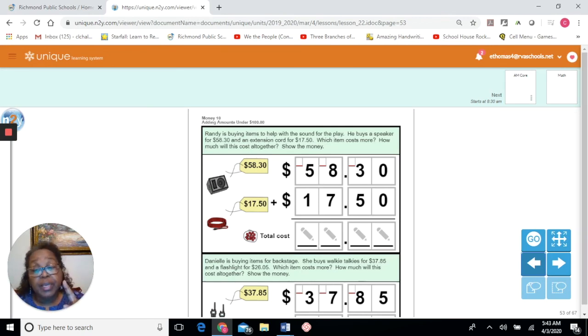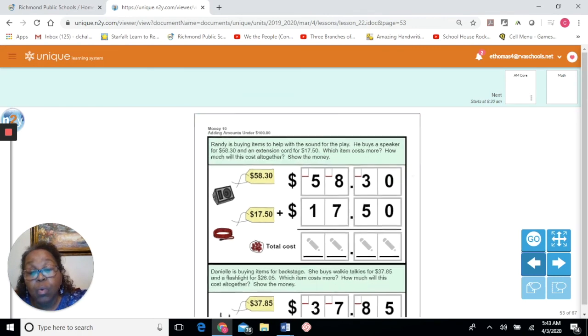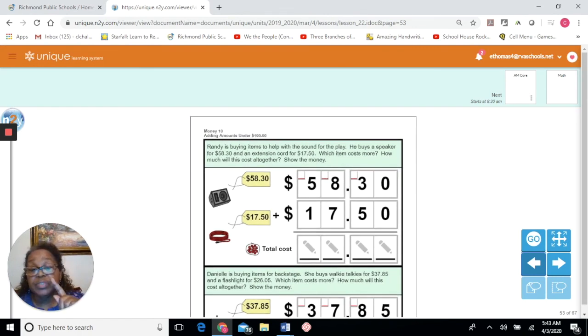These numbers are getting big. Do not be afraid. What we're going to do is just keep with the same pattern. Let's go to the dollar value first. $58 compared to $17. Well, no contest. $58 is more than $17. So the speakers cost more.